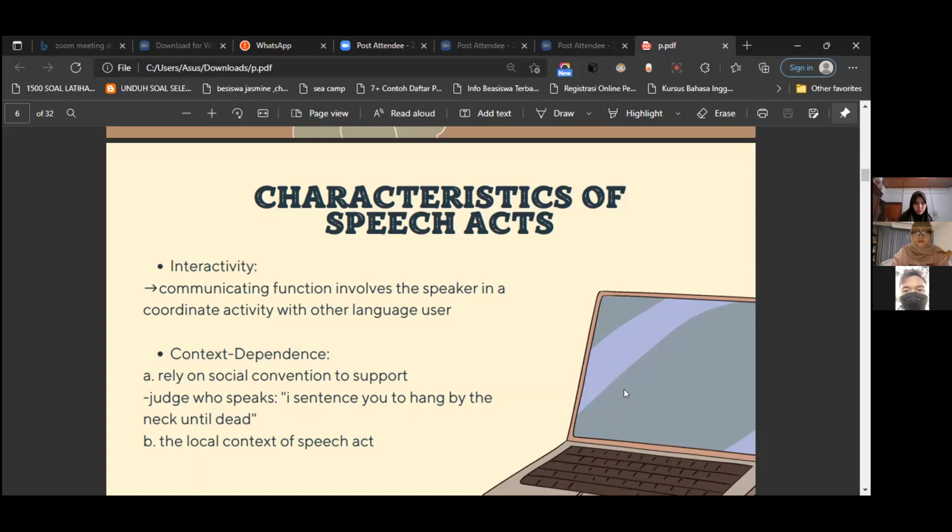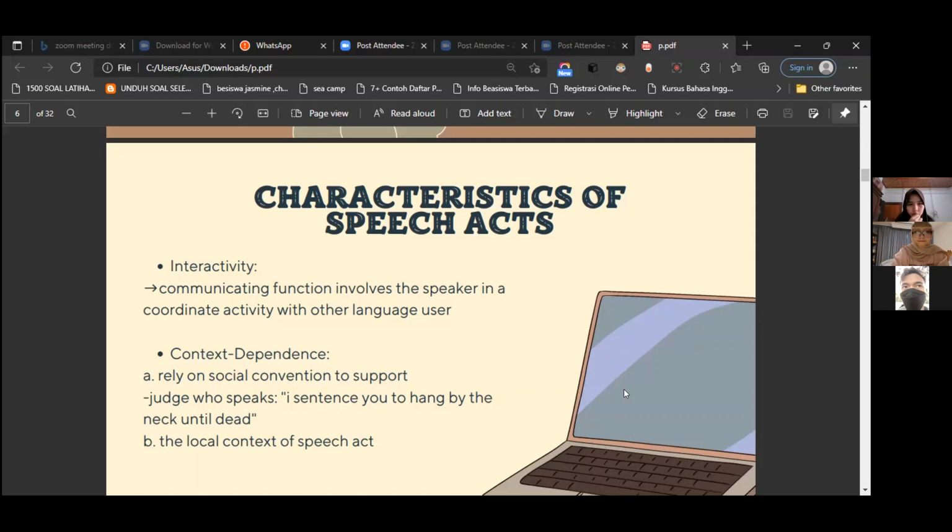Okay, the first aspect is that it relies on social convention to support. So in speech act, not all people can do it.